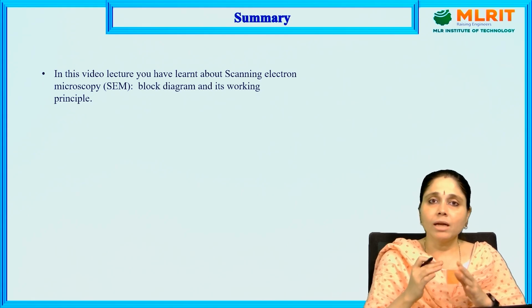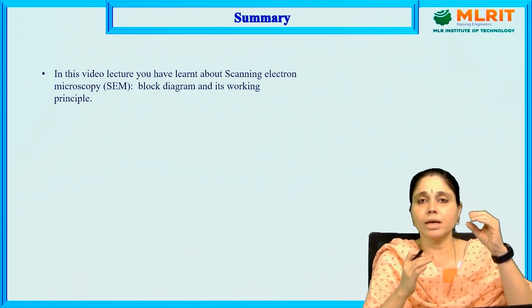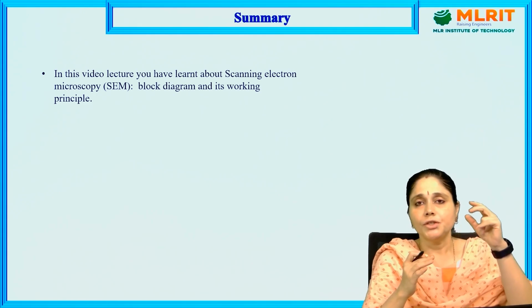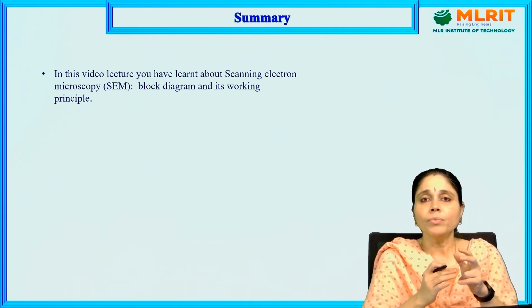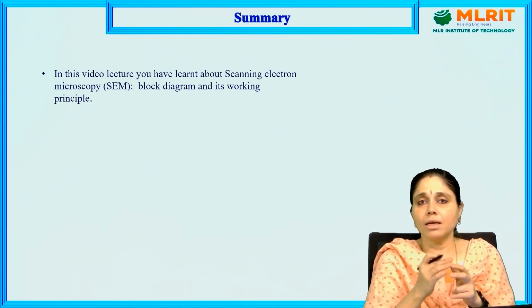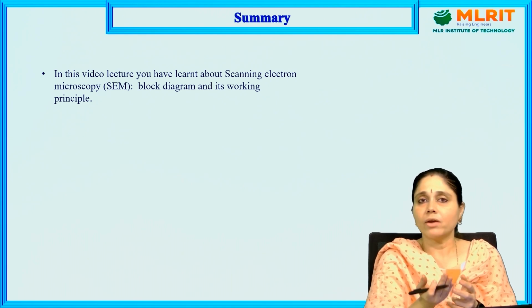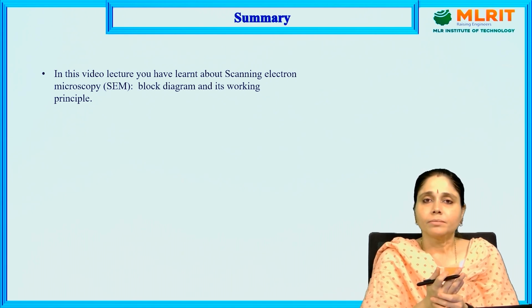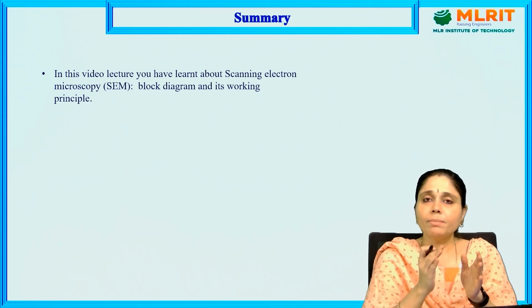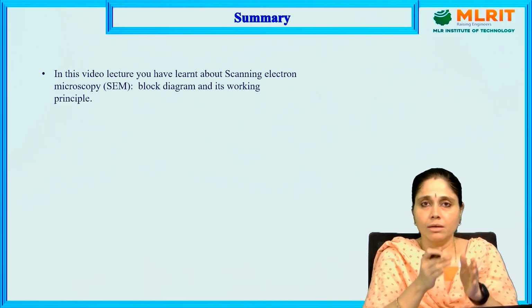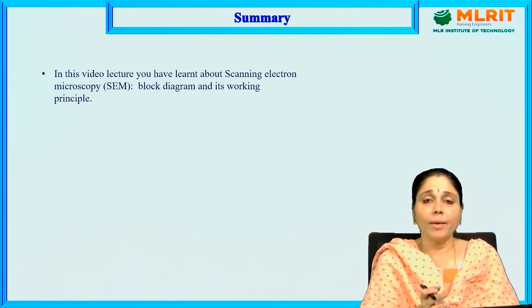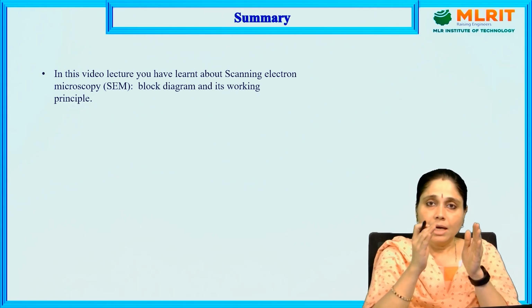The block diagram consists of an electron gun, and the electron gun generates the electrons, and we make those electrons incident on our required specimen after passing through several condenser lenses and all. Okay, so this is the arrangement.